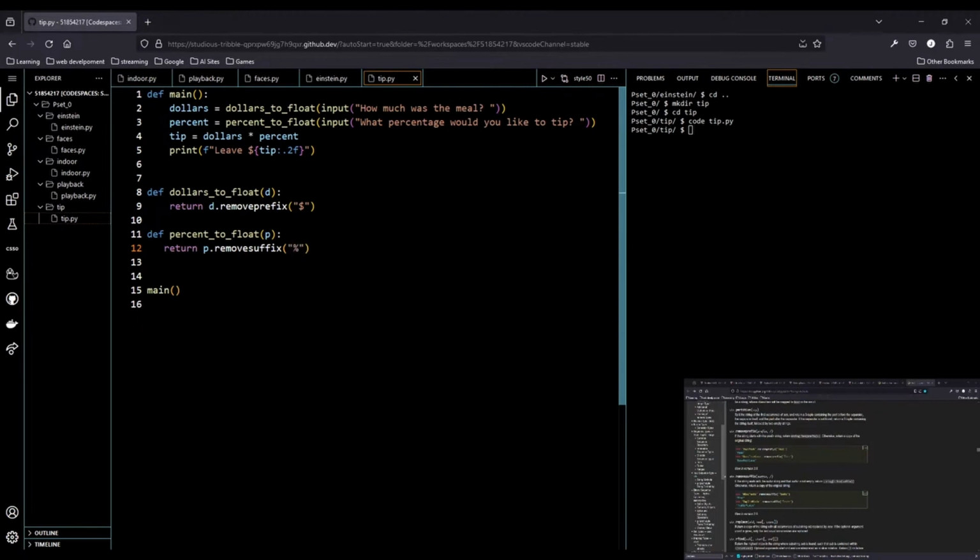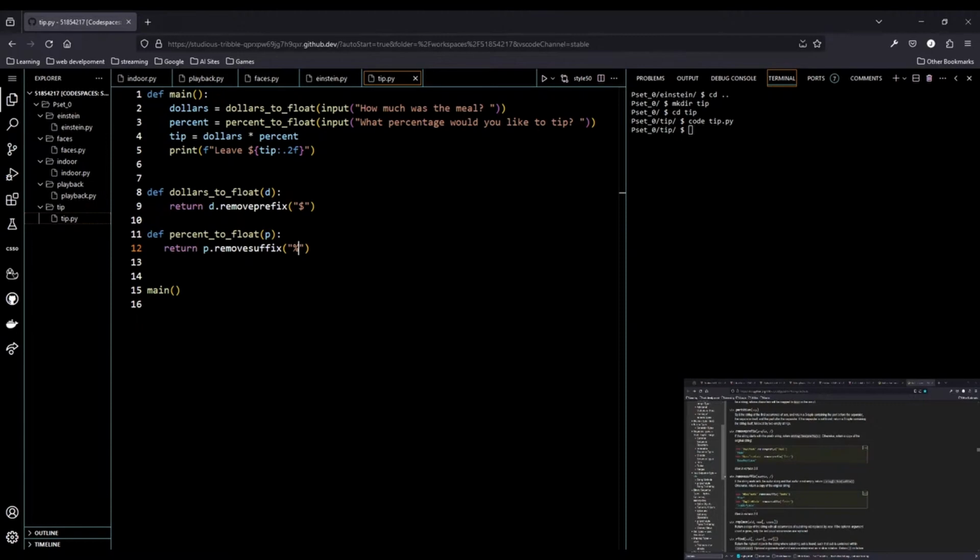Which that'll be a percentile. Right? Yeah, it won't find it. If it doesn't find it, it will just return the whole thing.